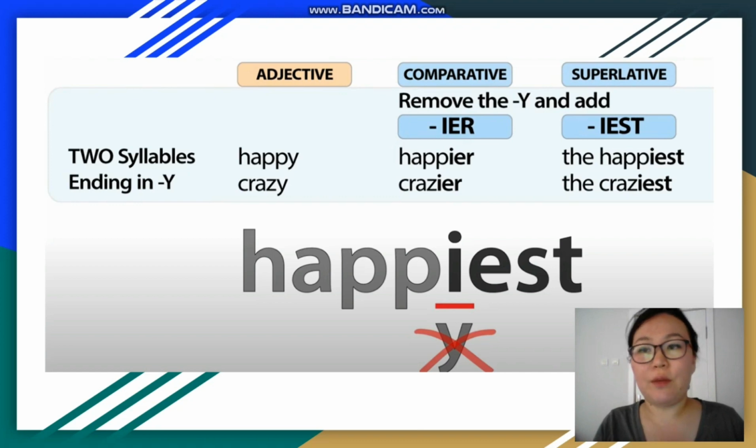Happy becomes happier. For the superlative, we also remove the Y and we add iest. For example, happy becomes the happiest. Crazy becomes crazier and the craziest.